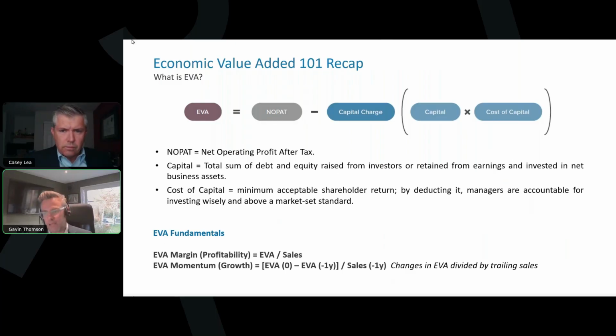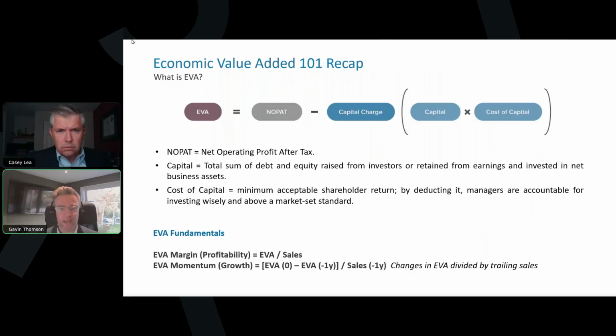So EVA, economic value added. What we do is take the cleaned up net operating profit after tax. When I say cleaned up, we're making a series of adjustments to get rid of accounting distortions. Ultimately, we're trying to give you, the investor, a level playing field to compare Apple, the US tech giant, with Scania, Swedish truck manufacturer.